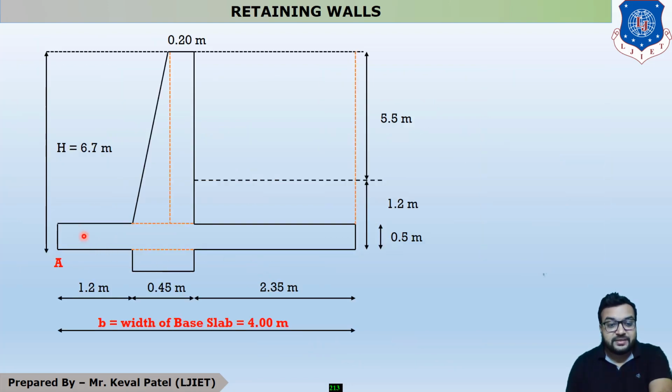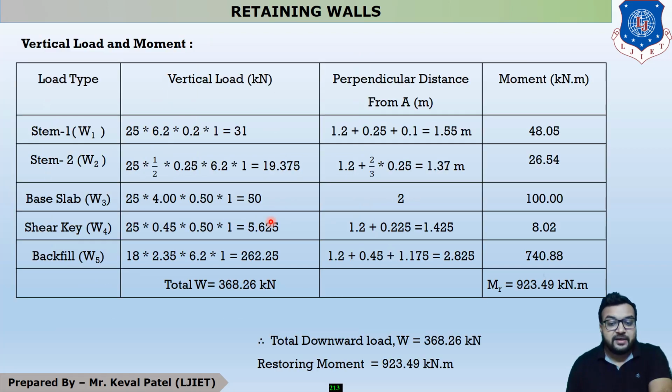Now, what is the CG? This is 1.2, this is 0.45. The CG is at the center because this area is a rectangle. The center is 2.35 divided by 2, which is 1.175. So our total distance is 2.825.